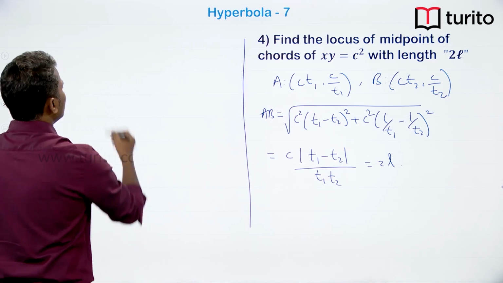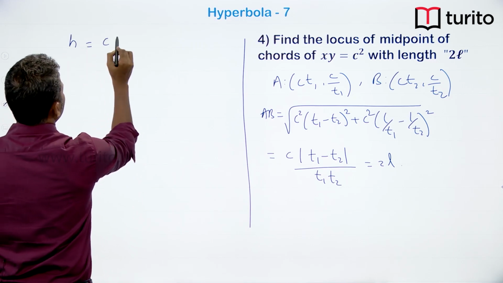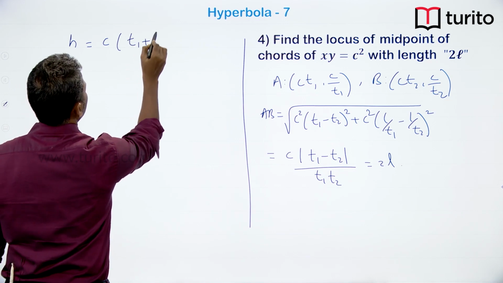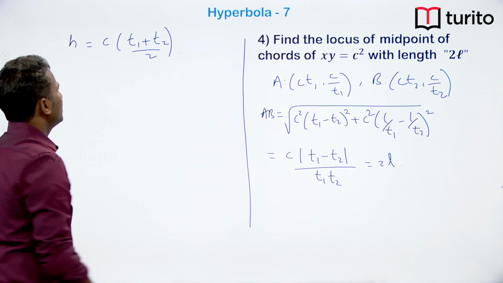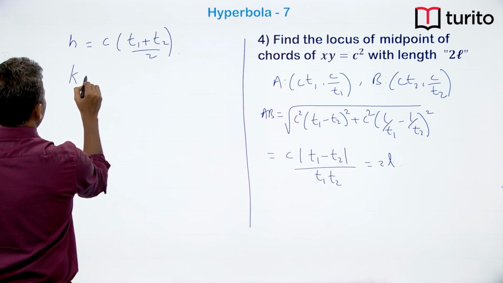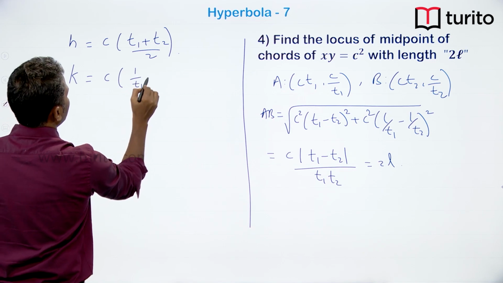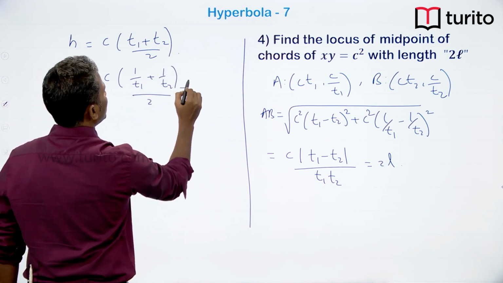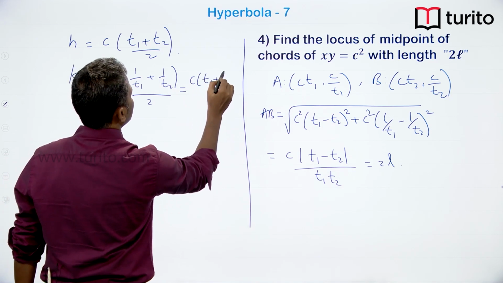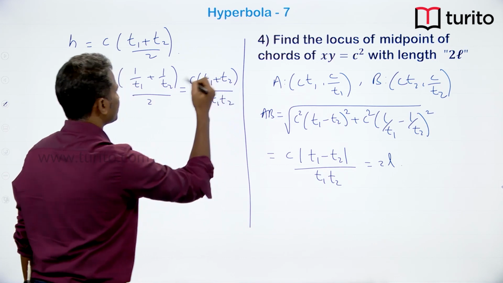So if I take the midpoint as (h, k), h must be equal to c into (t1 plus t2) by 2, and k, which is the y coordinate, must be equal to c into (1 by t1 plus 1 by t2) by 2, which is going to be c into (t1 plus t2) by 2 t1 t2.